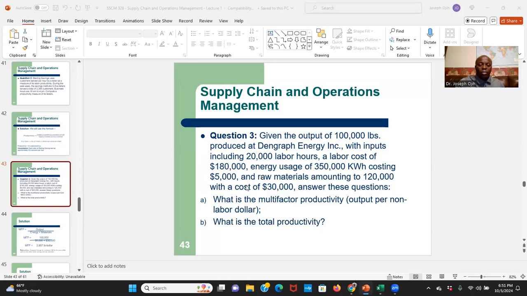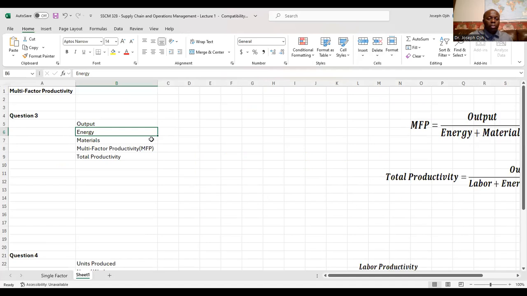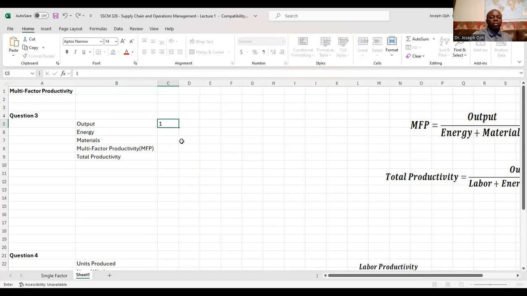So this is what I have in Excel. For the first question, the output from what they told us, I wrote that down on paper so I can be looking at it. Output is 100,000, right?